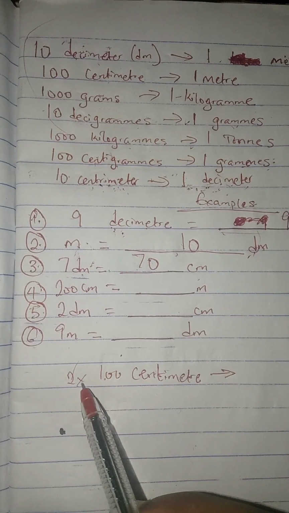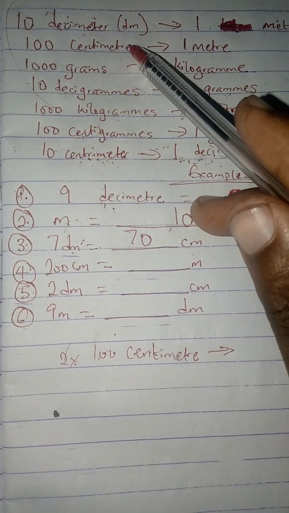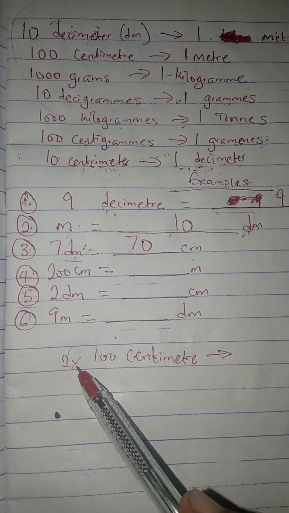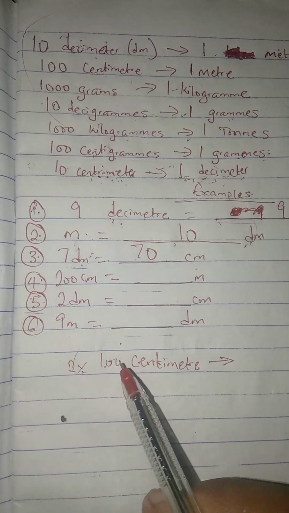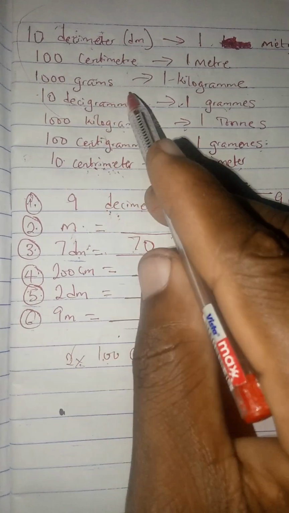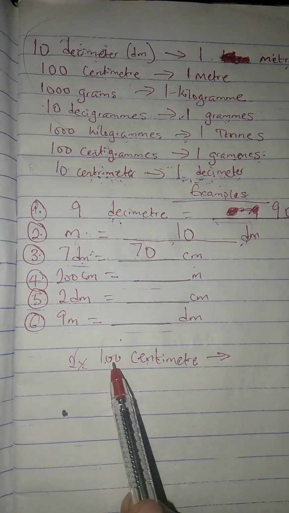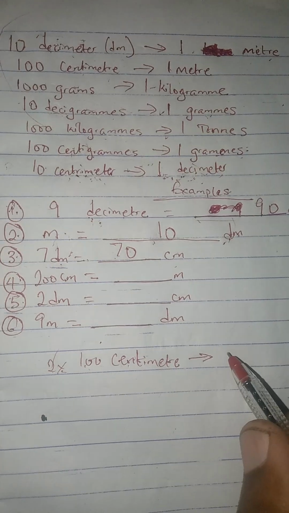Now, remember these two. From our hint here, we have 100 centimeter to give us 1 meter. Now, since we are having 2 here, it will give us 2 times 100. Since 100 centimeter gives us 1 meter, 200 centimeter will basically give us what? 2 meters.